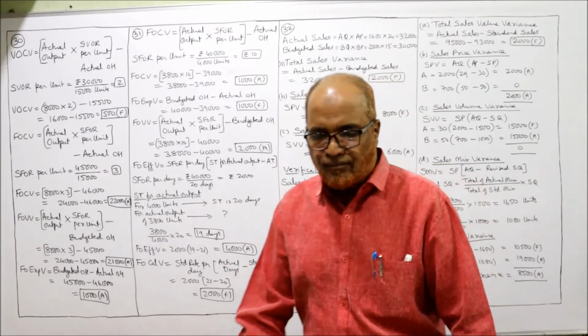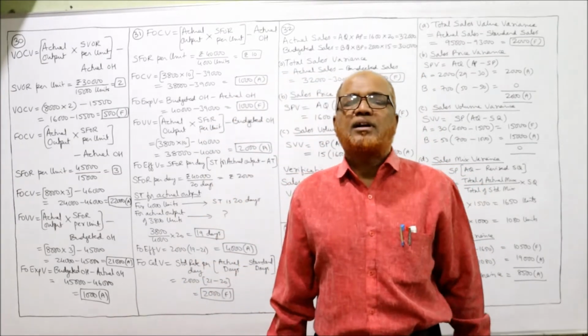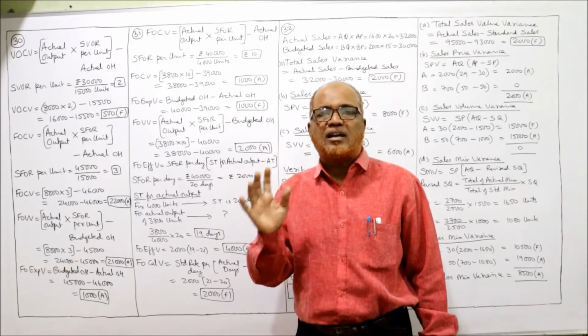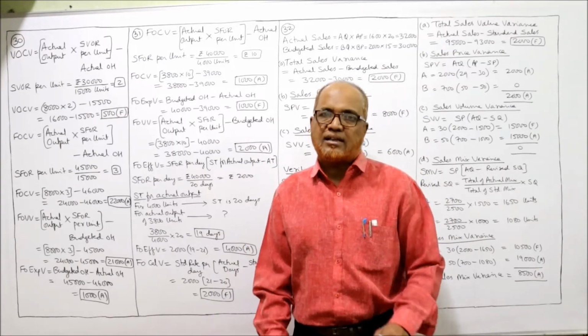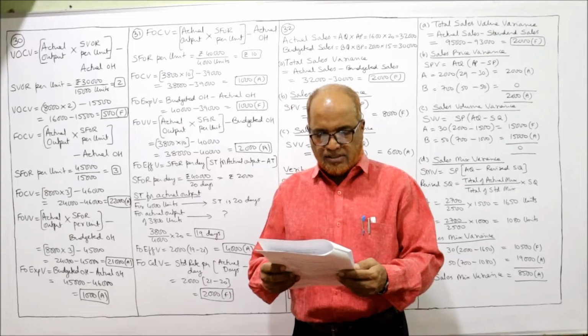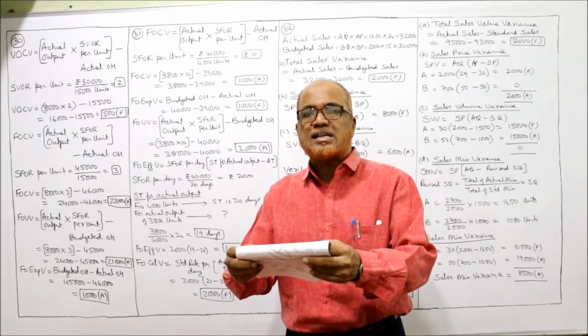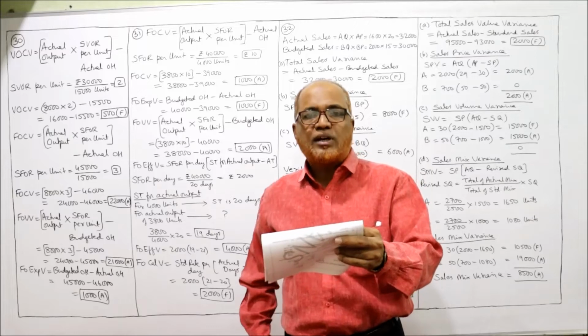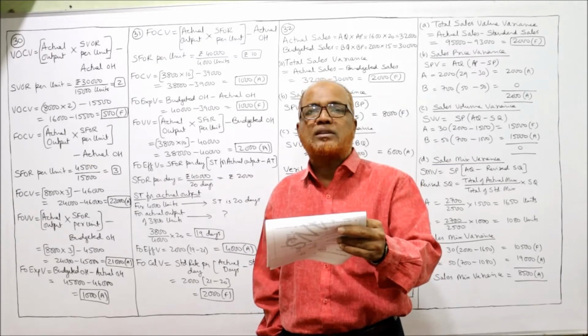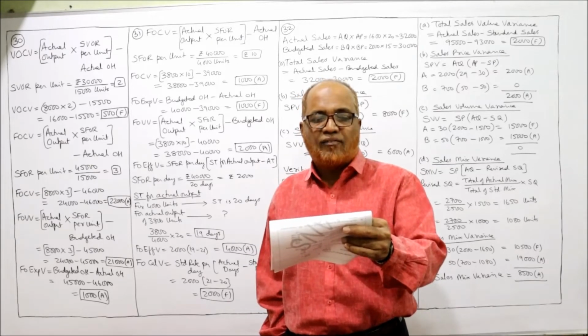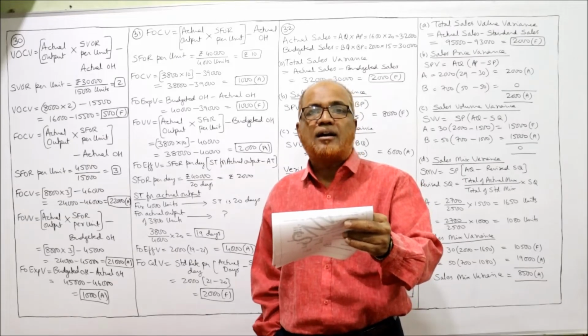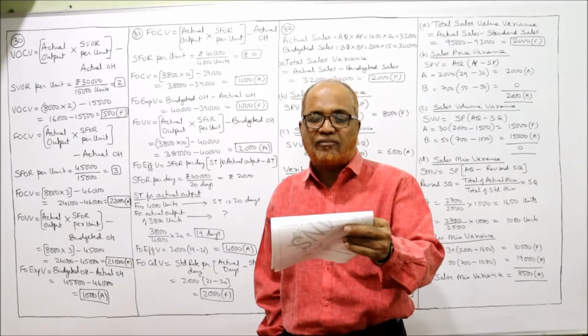Now next, 31st problem. This problem number 31 is the last and final problem on overhead analysis. Calculate overhead variances, standard and actual. Number of units: standard 4,000, actual 3,800. Working days: standard 20 days, actual 21 days.